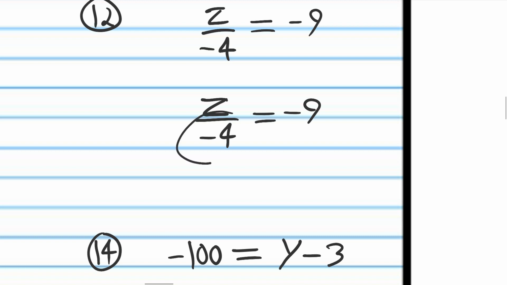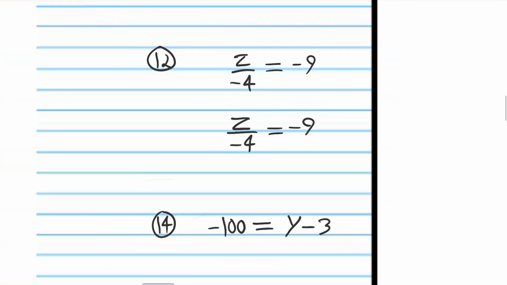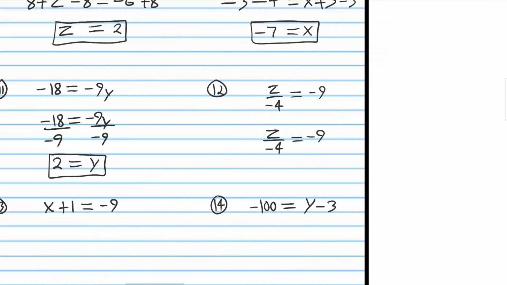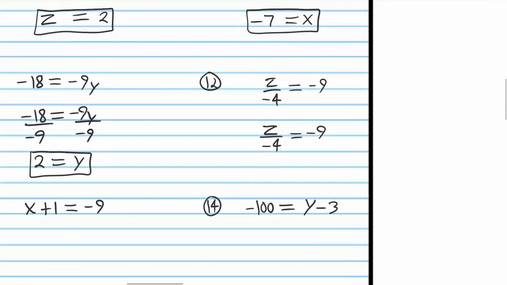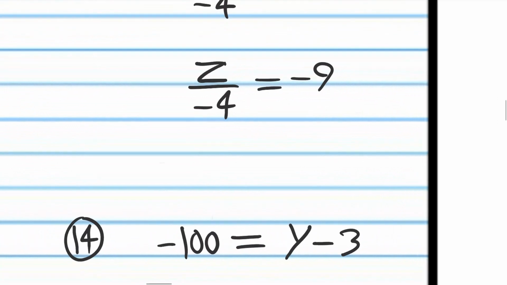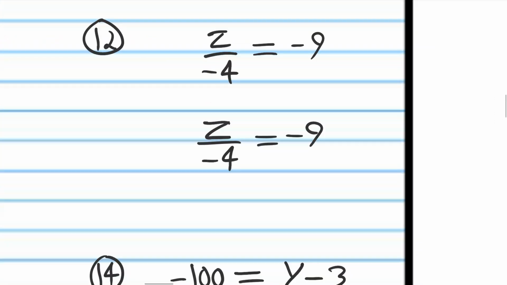So z is divided by negative 4. It's z divided by negative 4. So in order to get rid of the negative 4, we have to do the opposite of division. So the opposite of division is what? If you said the opposite of division is multiplication, you were correct. So how do we show multiplication in algebra?